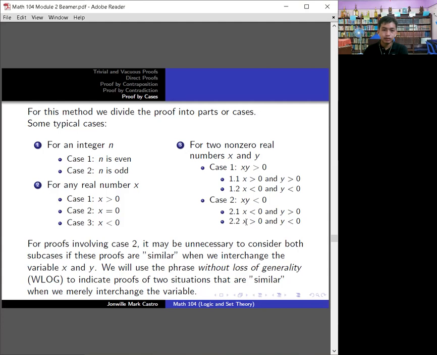So, we can use the phrase "without loss of generality" to indicate that their proofs are similar. For example, if we are proving something for real numbers x and y, when x is negative and y is positive, it may be similar to the second case, just with the variables swapped. So, instead of doing the proof of the second case, we can indicate "without loss of generality." Okay? We will have an example of that later.